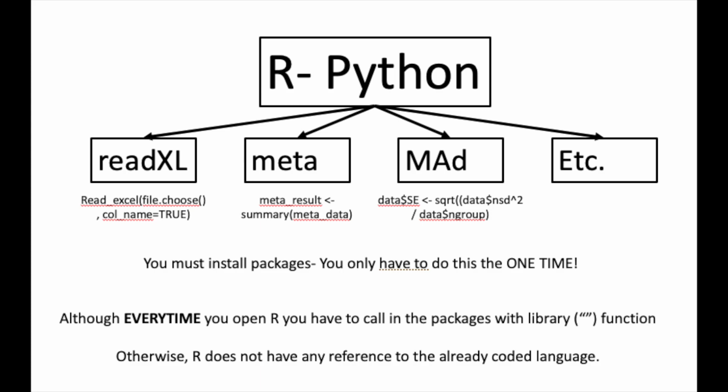So that's where the idea of packages come in. These packages have been developed by other people throughout the world, and they allow various strings of code to be utilized for very specific purposes. What we have to do is install the packages, and you only have to do this the very first time that you download R, but then every single time that you open up R, we will call the functions to read the library.